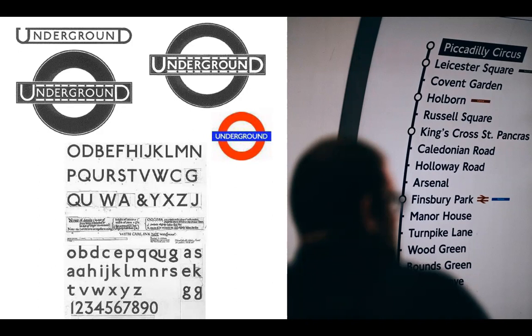But here on the left, you can see the original designs that were used to devise the typeface, the way the letters looked. And then on the right, we've got a photo of them in use in the last few years on the Piccadilly line. The typeface was used on Harry Beck's Tube map, for example, as well, one of the most famous maps in the world. So even though it's been redrawn a little bit, it's still in existence. It's still essentially the same font.